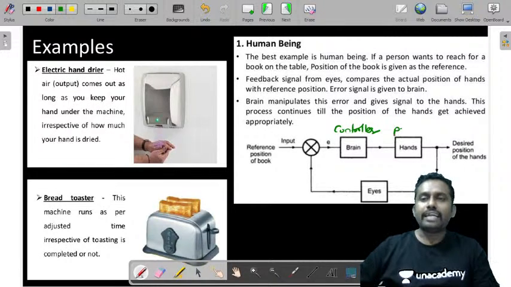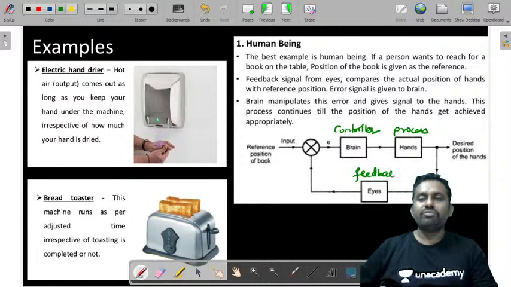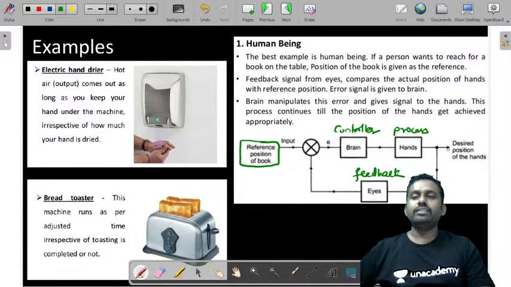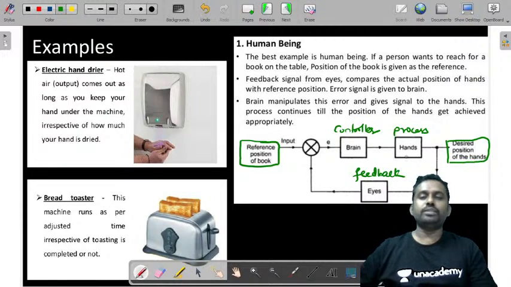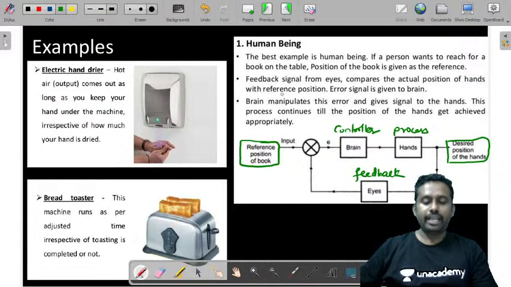The hands are acting like the process, and the eyes are the feedback element. The reference is the position of the book, and the desired position of the hands is the output. Now, as I told you, if a person wants to reach a book on a table, the position of the book is the reference, and the feedback signal from the eyes compares the actual position of the hands with the reference position. The eyes generate the error signal and send it to the brain.